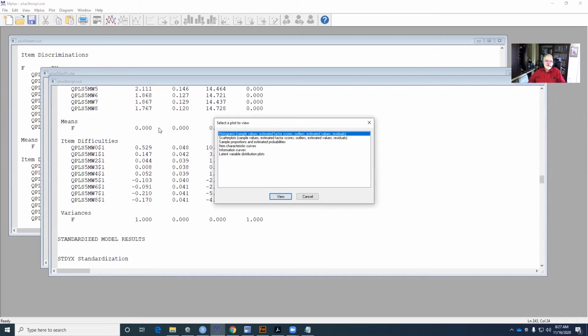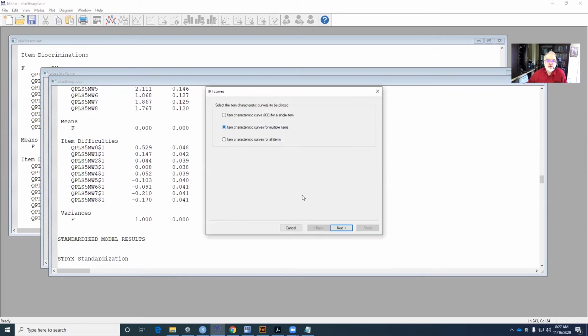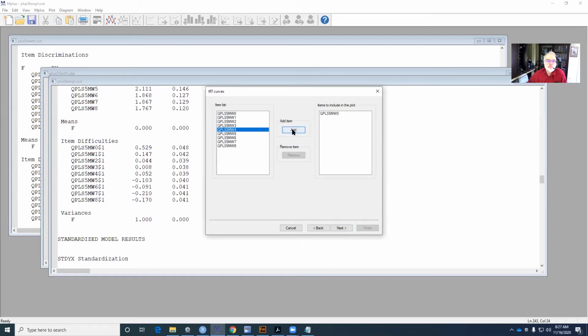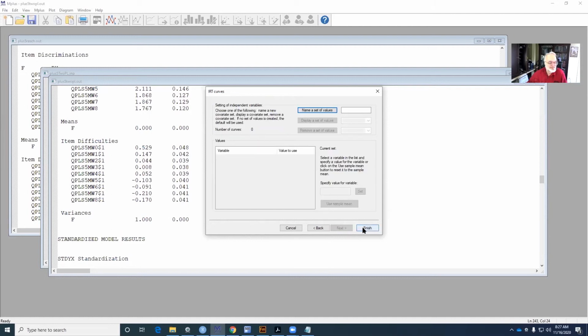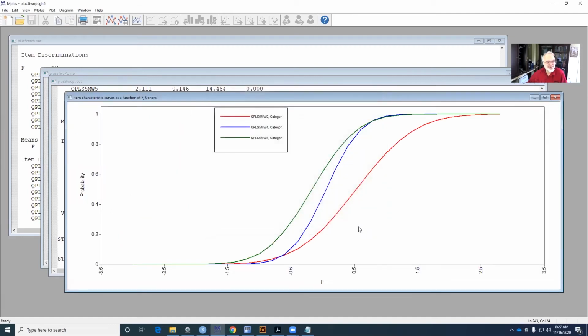We talked about the fact that we can get item characteristic curves, and we can just pull a few of these off for purposes of looking at them. And you can see this item characteristic curve looks a little bit different across the items that I chose.